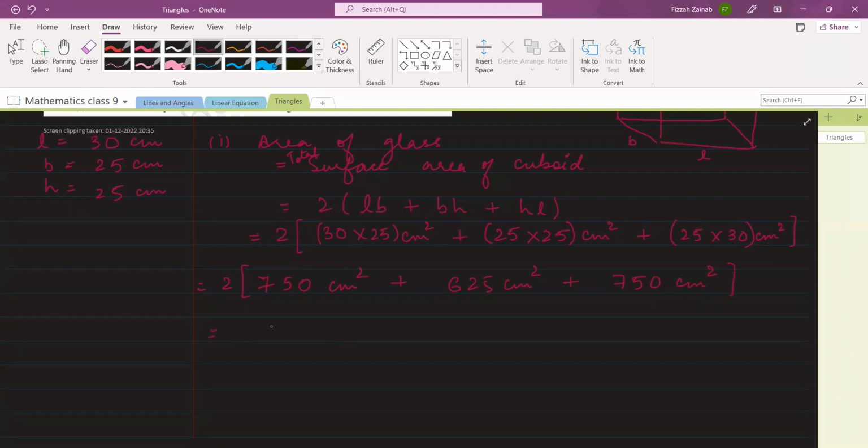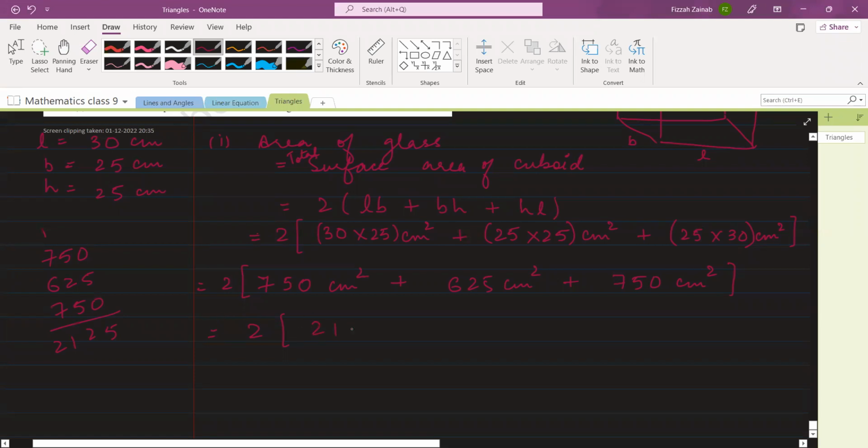Now you can add them. Just do it separately to avoid mistakes, right? So 5, 5, 5, 10, carry 1, 7 and 7, 14. And 14 and 6 is 20 and 1 is 21.